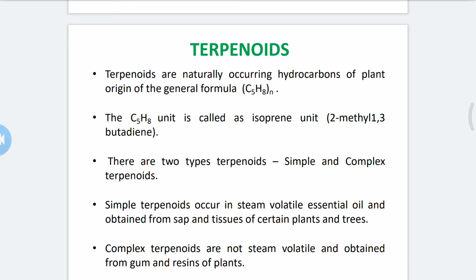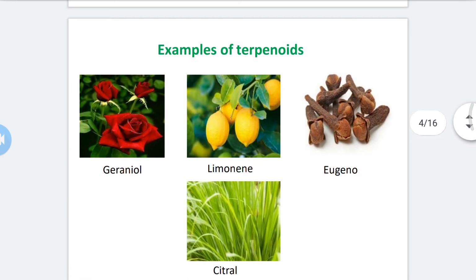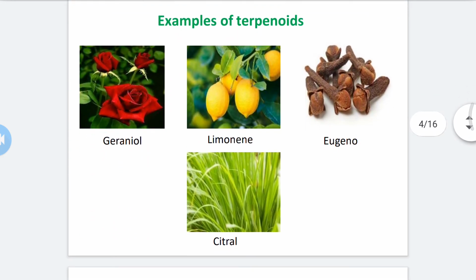Sap is the secretory material of plant tissue. Complex terpenoids are not steam volatile and are obtained from the gum and resin of plants.